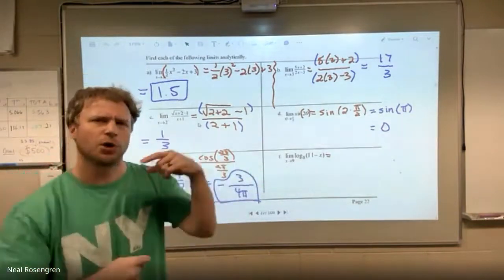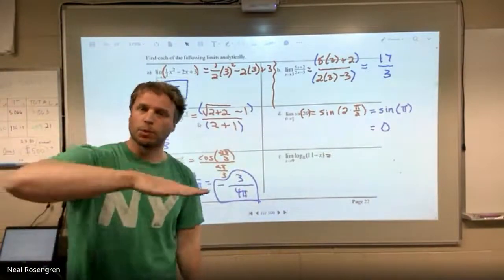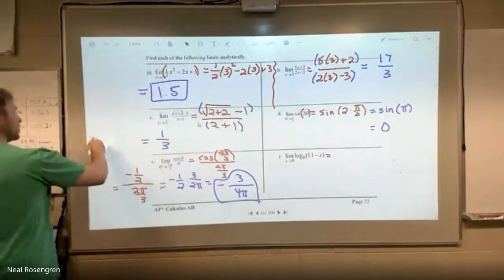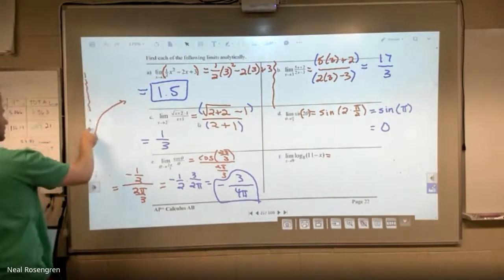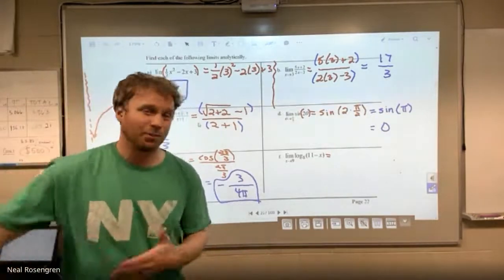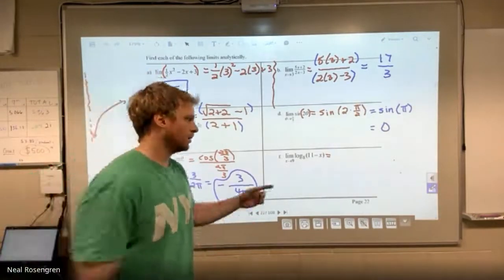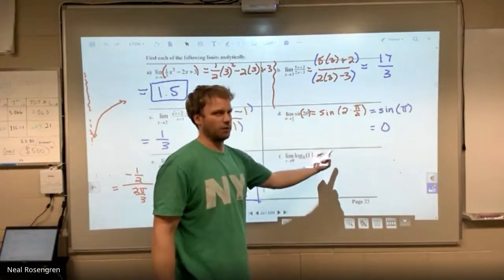Because logs are the inverse of exponentials, that horizontal asymptote becomes a vertical one. And so you have graphs that kind of look like this, where eventually, that's a vertical asymptote, eventually there's going to be some x values that we just can't plug in at all, because they would make the argument negative.